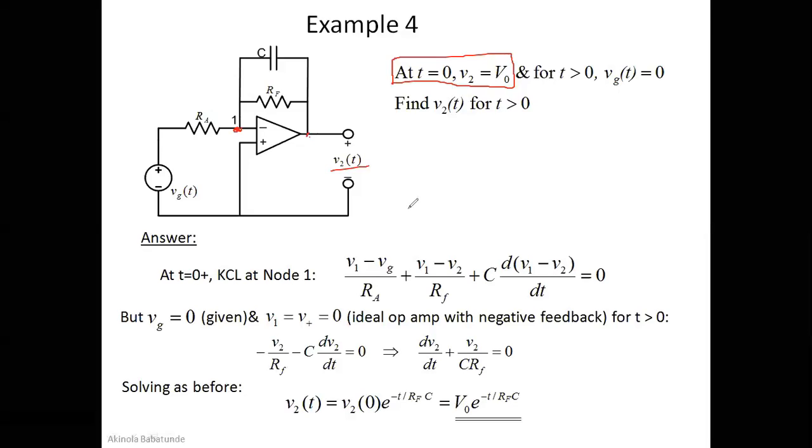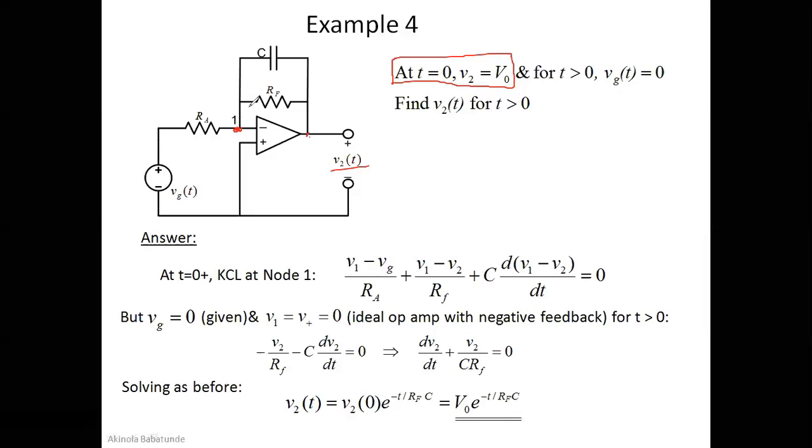So we have V1 minus V2 over RF plus the current passing through this node, through the capacitor down to this place. Normally the current is supposed to be C dV/dt.